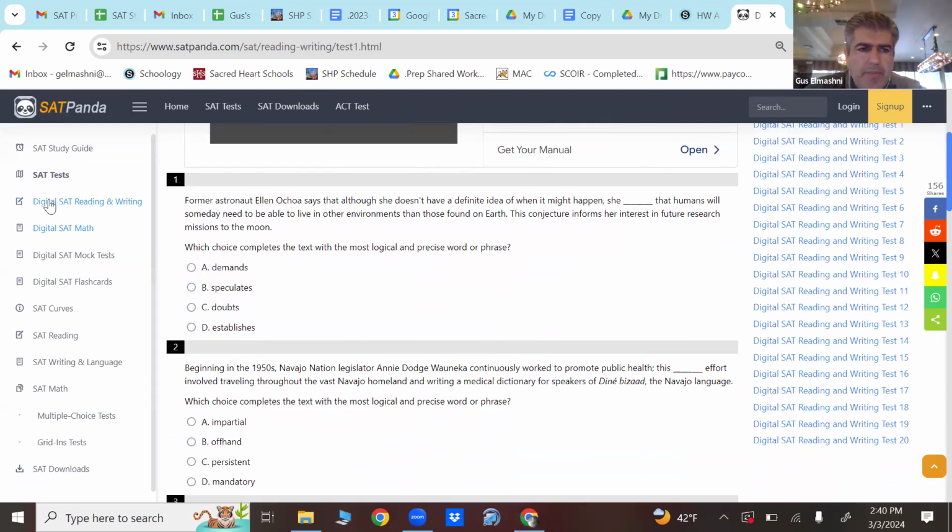Let's try these two here. So this is a little bit of vocab. You just have to pick the word that fits. Go and read both if you can. If you need me to zoom in, let me know. And just let me know what choices you think for this one.